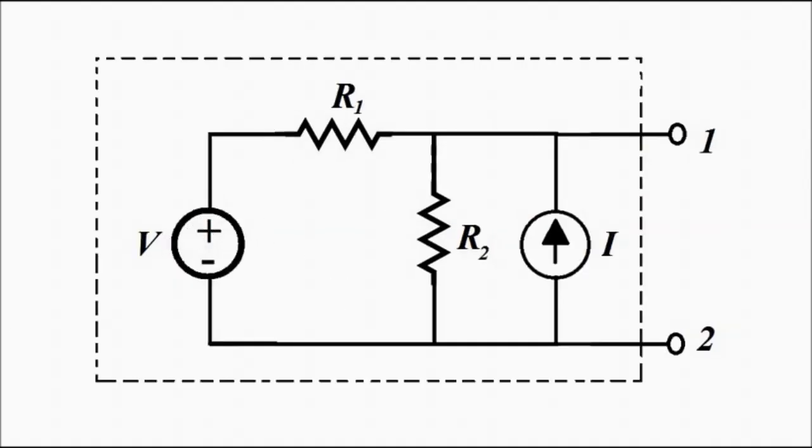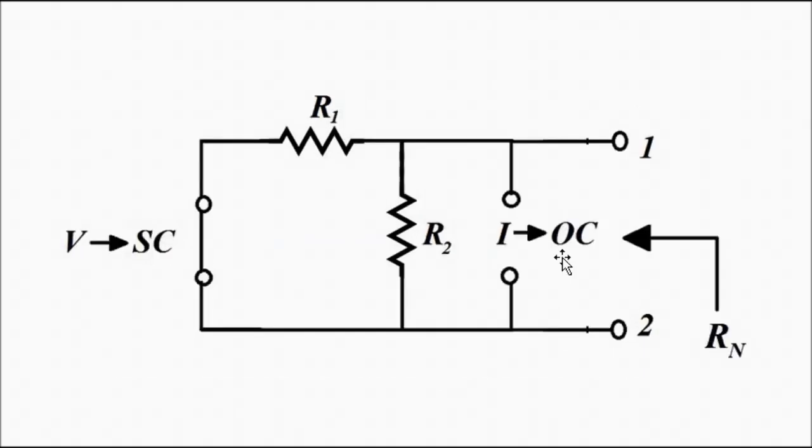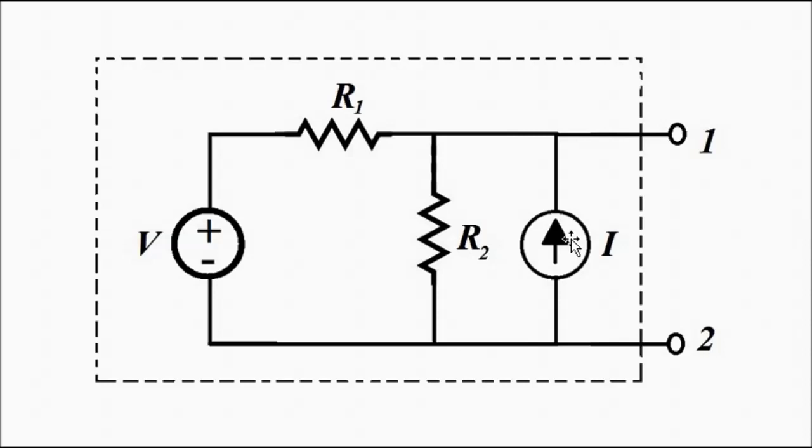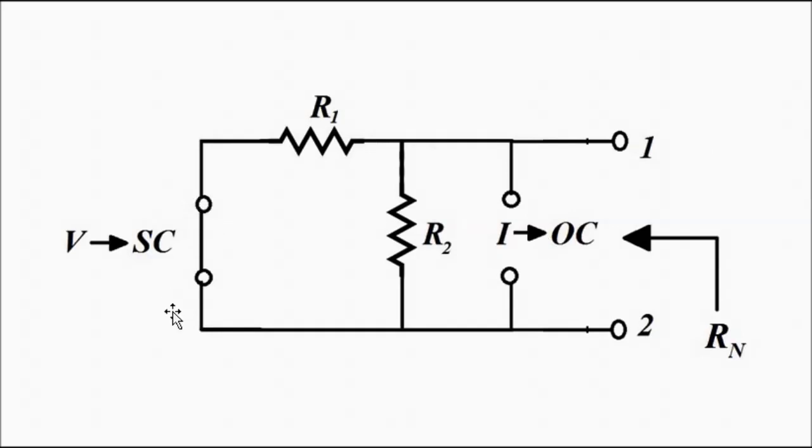We short circuit the independent voltage source and open circuit the independent current source. Here there is no dependent source, so no confusion about that. We simply short circuit the voltage source, open circuit the independent current source, and determine the equivalent resistance, which is R1 parallel to R2 in this case. That is the Norton equivalent resistance.